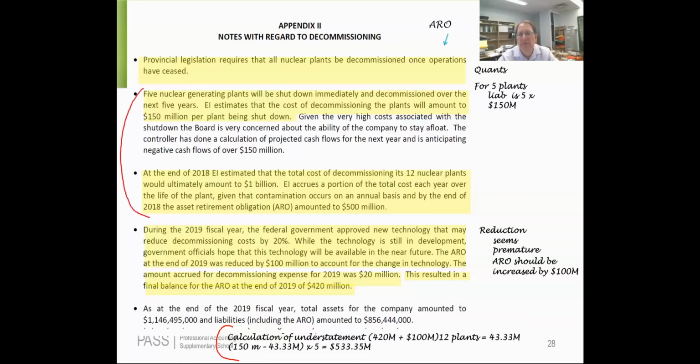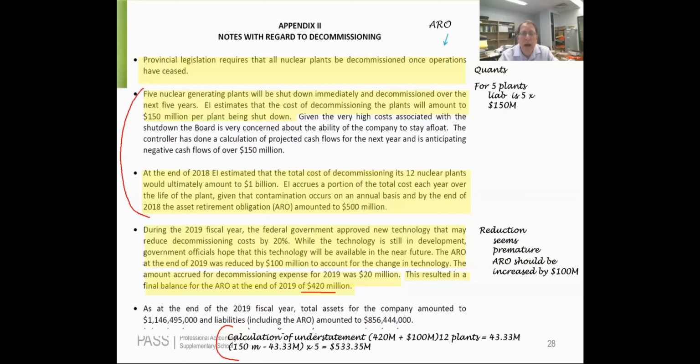If I have 5, no one's saying anything. Hey, look, if I have 5 plants that I know I'm going to have at 150 million, that alone is 750. How the heck can I have 420 in 2019? And what about the other plants that are not even going to be shut down? I was always providing for them.